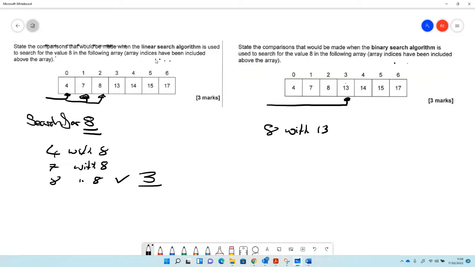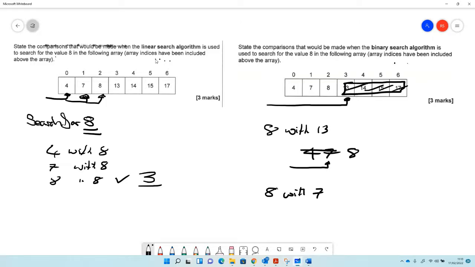And we find out it's smaller than. So that means we can get rid of all this part of the list. And now we've got a list that is 4, 7, and 8. So we choose the middle value again, which is 7, and we compare 8 with 7. And instead again of just saying is it the same, we say is it smaller or bigger?